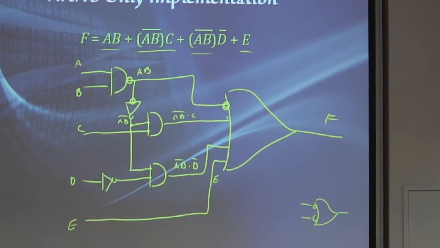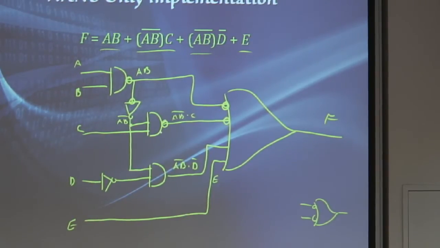In a similar way, which is slightly easier now, I put an inversion bubble there, and I counter this inversion bubble with an inversion bubble at the output of the AND gate. Similarly, the input here and the bubble here. Now with the signal E coming in, I still want to invert it because I need to invert all the inputs.